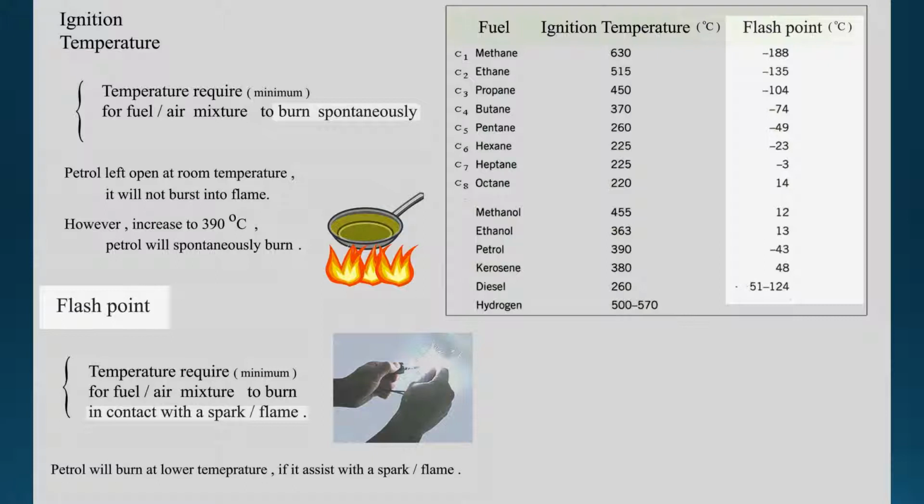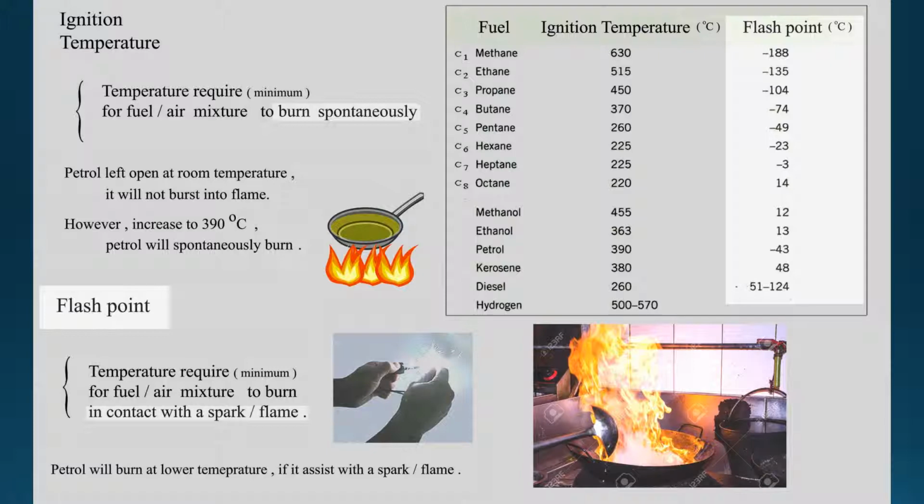That means even on a very cold day, a cold winter night, 0 degrees, you say, oh, the petrol is icy cold. Okay, if this petrol touches a spark, it still burns. Even on a cold winter night, when the petrol is as cold as icy water, if it touches a spark, it can still burn.